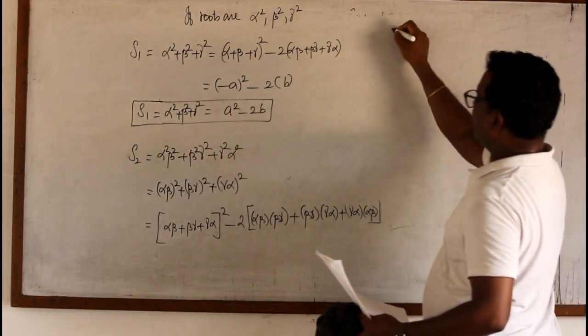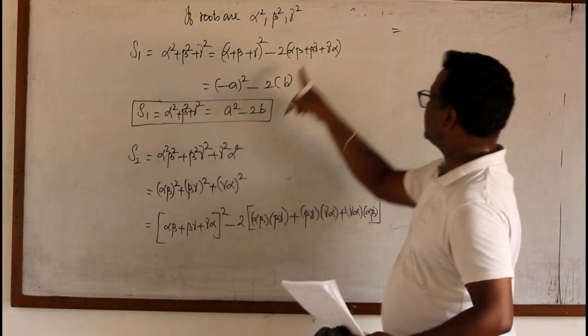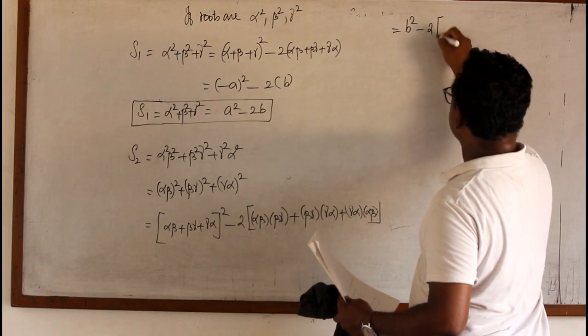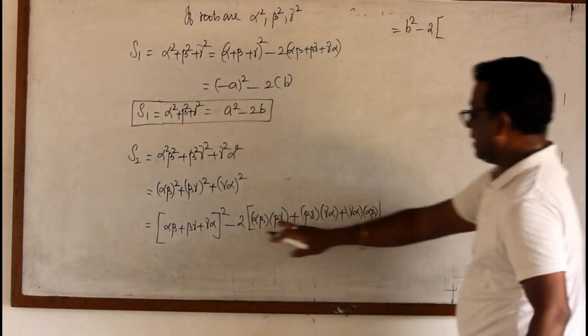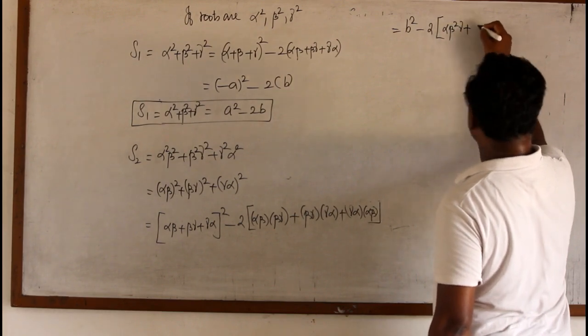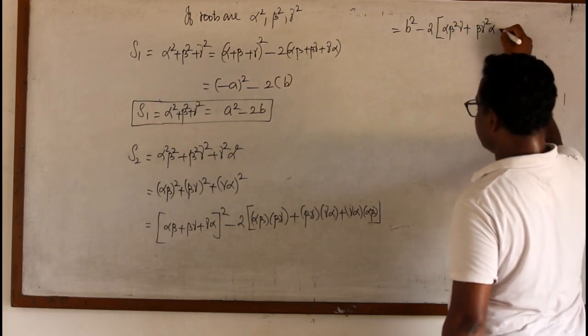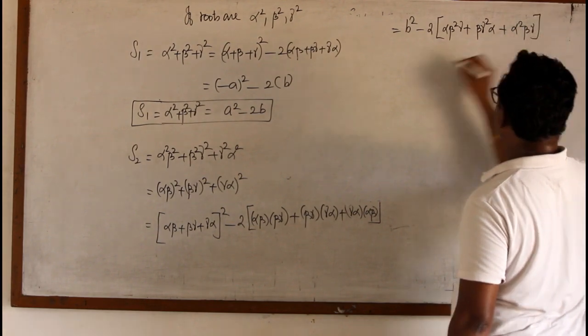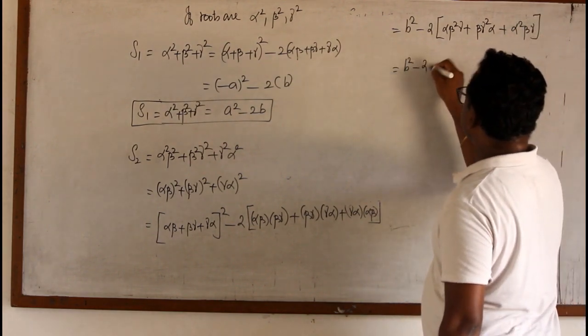Then we know this value is b, so it is b square minus 2 into, I can multiply, this is alpha beta square gamma, beta gamma square alpha, alpha square beta gamma. Is it clear?